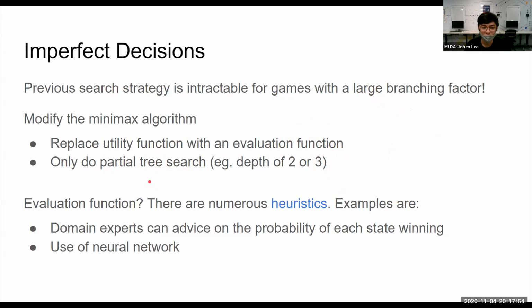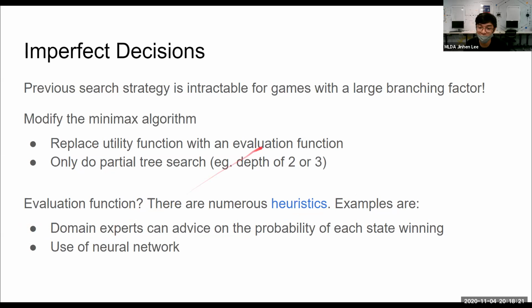Okay, so what is the evaluation function that we use? There are numerous heuristics we can use. It really depends on the problem you're working on. For example, in tic-tac-toe, maybe you have one guy that's very expert at tic-tac-toe, so he's called a domain expert. Maybe that guy can give advice on the probability of each state winning.